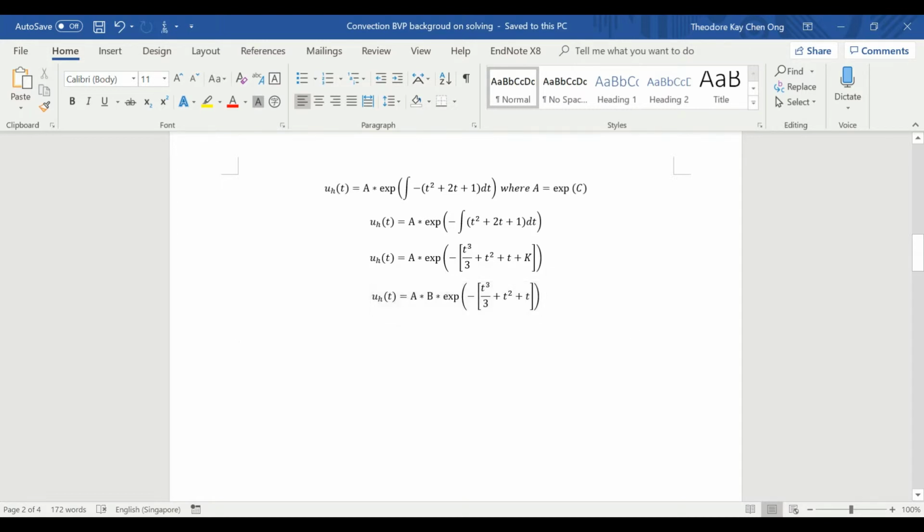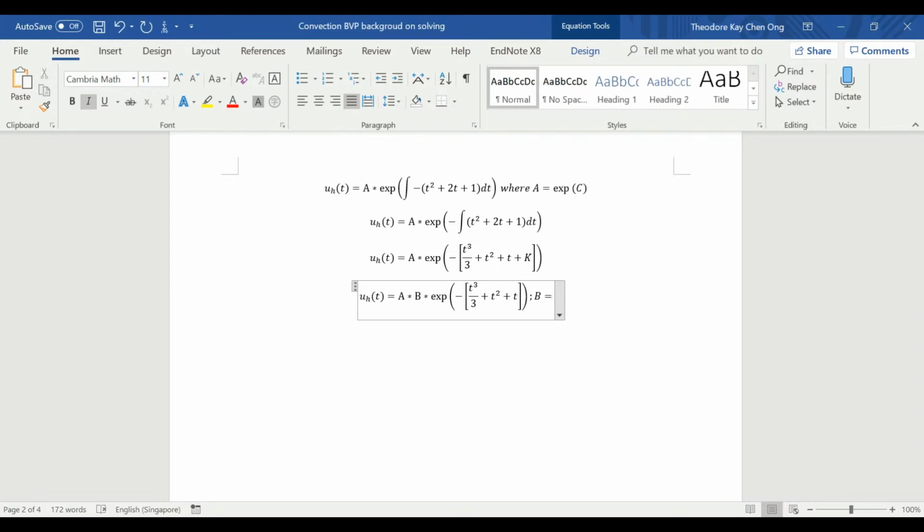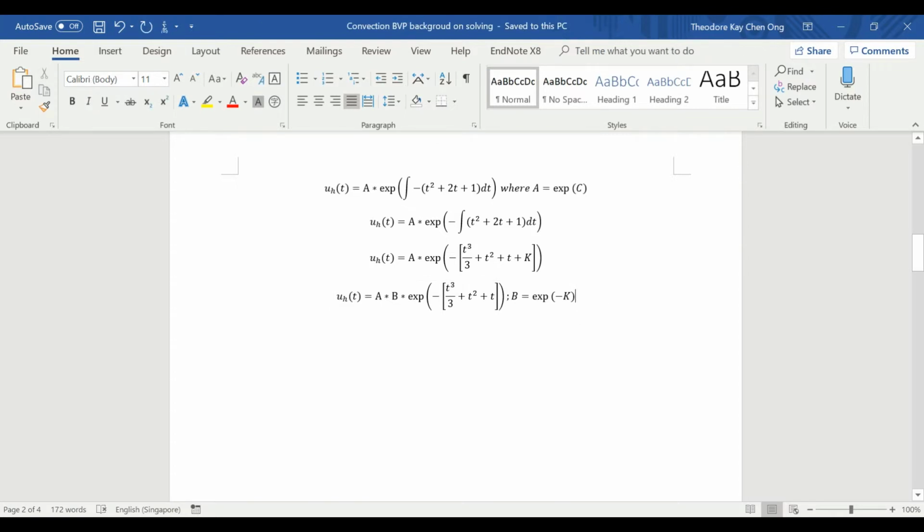So in this case, b equals the exponential of minus k. Probably from now onwards I'll try and speed it up by skipping a few more steps, but you already know what's going on. So we found our homogeneous solution, which is this, which we have here.